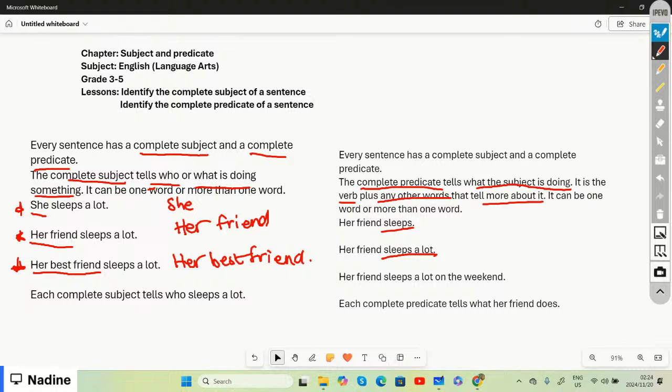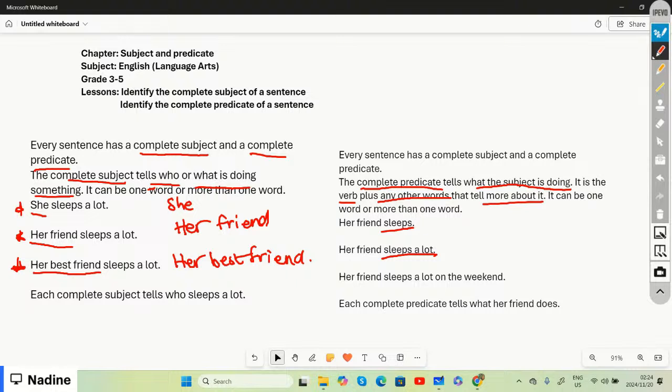And her friend is the subject. So what is the subject doing? She sleeps a lot. So her friend sleeps a lot.